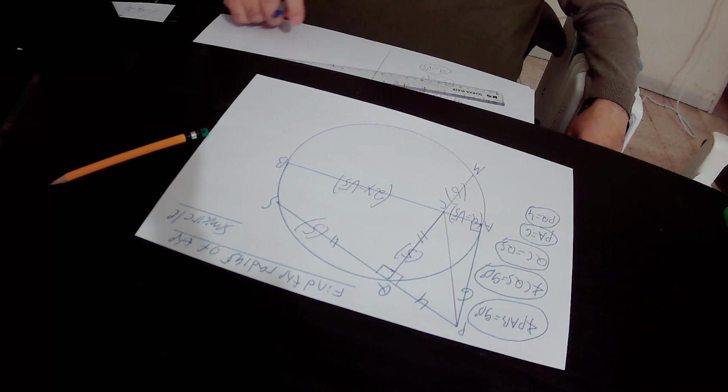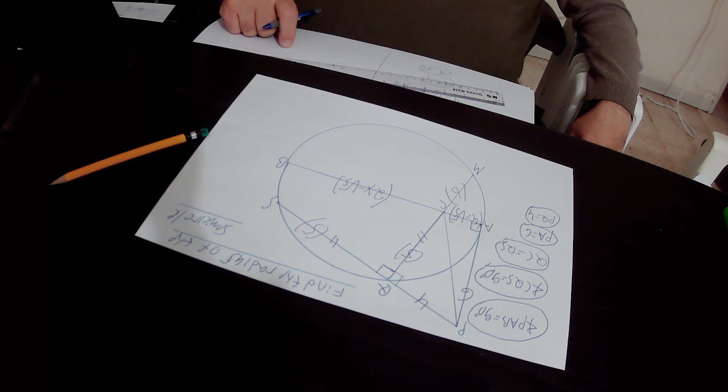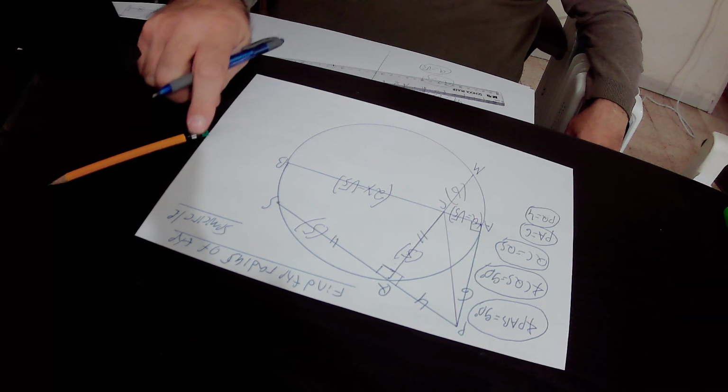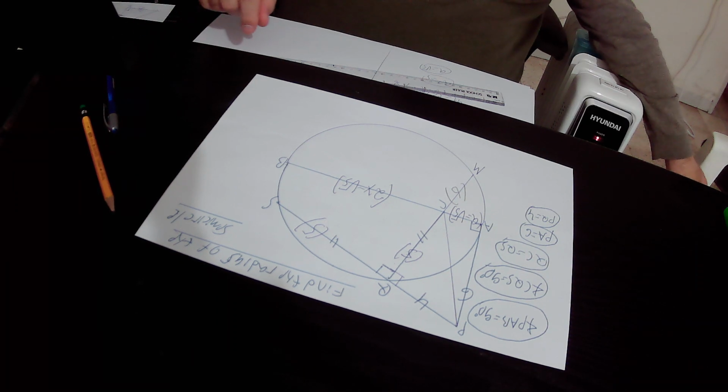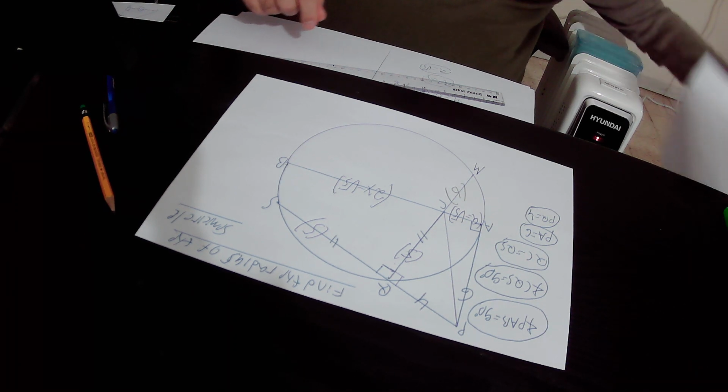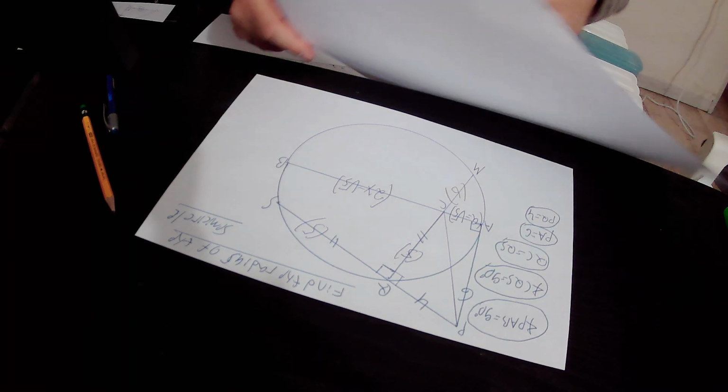Okay, so in the next step, I will present to you a new rule, and we will implement the new rule in our drawing. Here we have rule number 11.